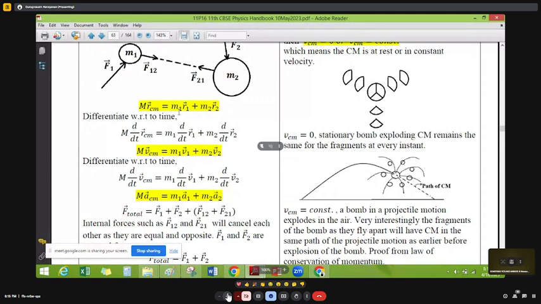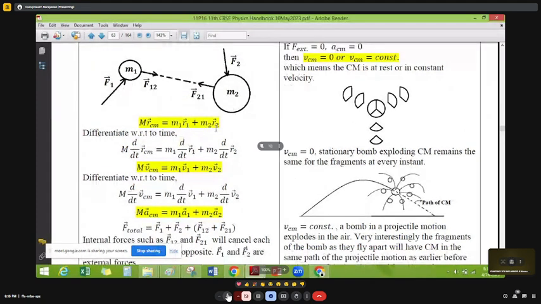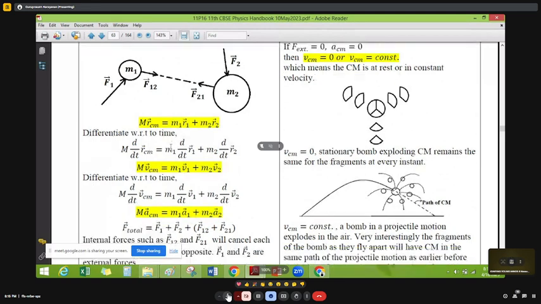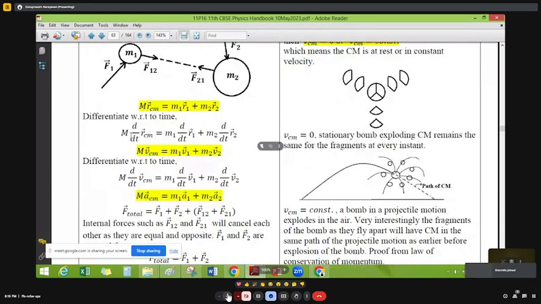Look here, M R CM is equal to M1 R1 plus M2 R2. What this means is, if no other external force is acting from outside, then this is true. And if we differentiate this, dR by dt will become velocity, dR1 by dt will become v1. This is nothing but your momentum conservation, right? Law of conservation of momentum.